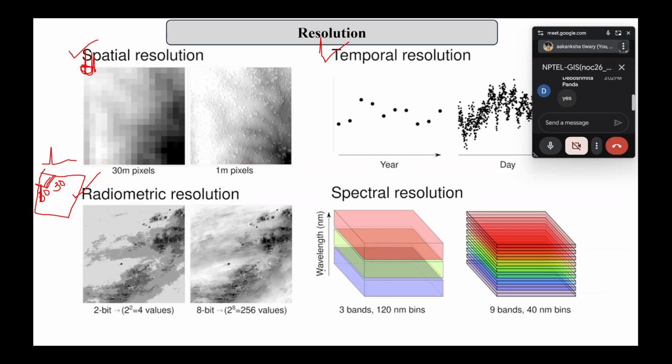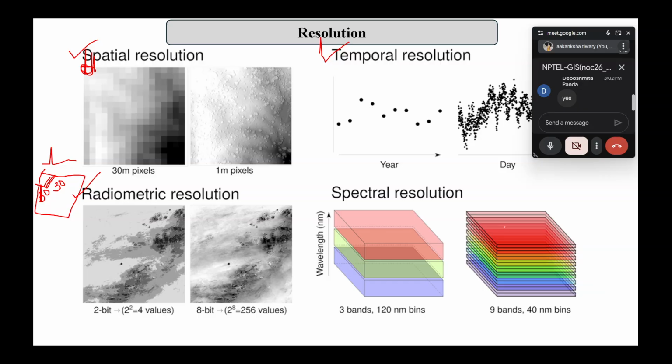Suppose you are dividing the visible light into three bands: blue, green and red, and these are 120 nanometer bins, so the width is 120 nanometers. For each area, you will have three values: one for blue, one for green, and one for red wavelength.